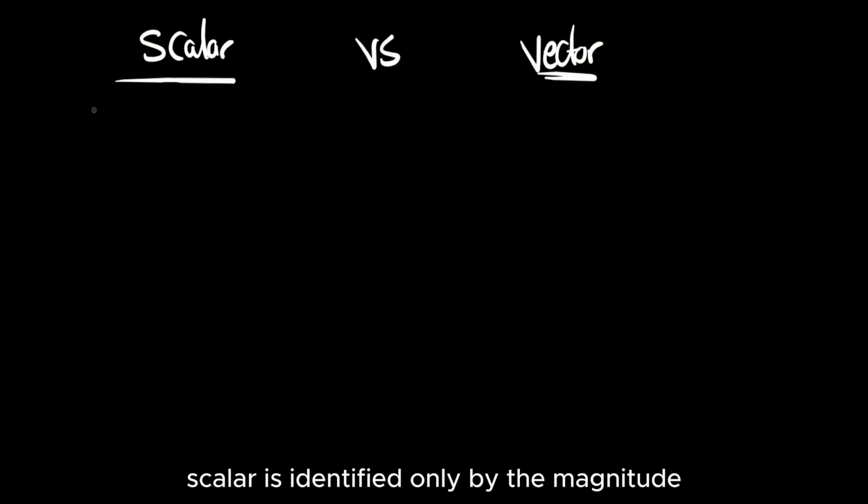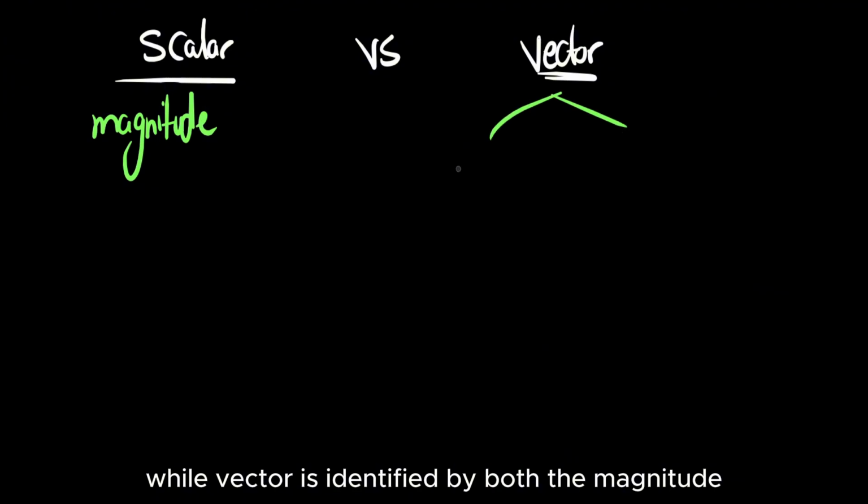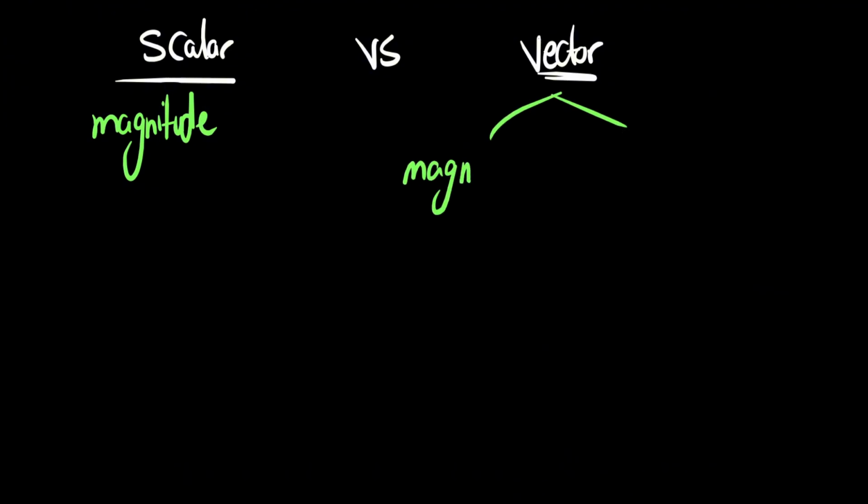So as we said, scalar is identified only by the magnitude, while vector is identified by both the magnitude and the direction.